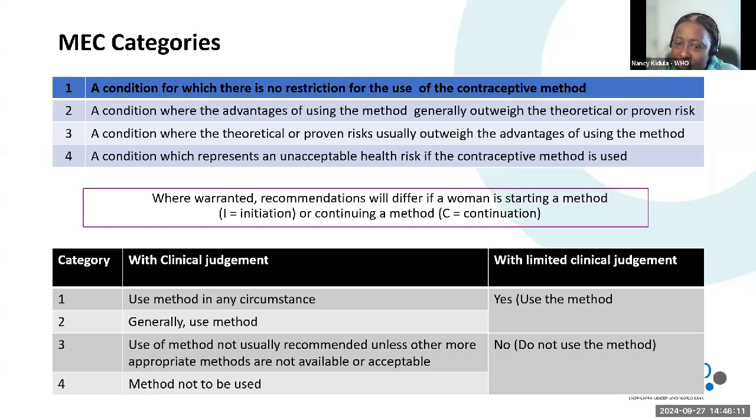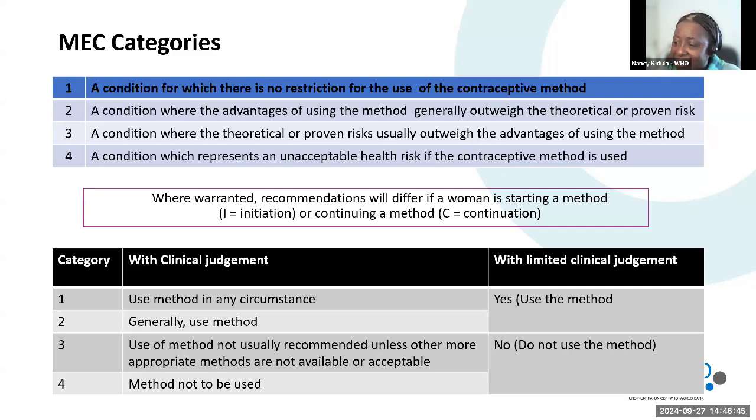In category 2, the advantages of using the method outweigh the theoretical or proven risk. I will repeat again because the problems we have are in category 2 and 3. In category 2, the advantages of using that method outweigh the risks. And that means the method can generally be used, but you need to follow up this client. So you can generally use the method.